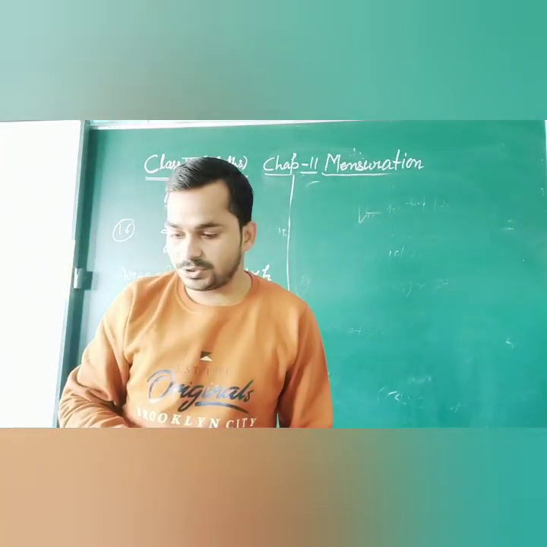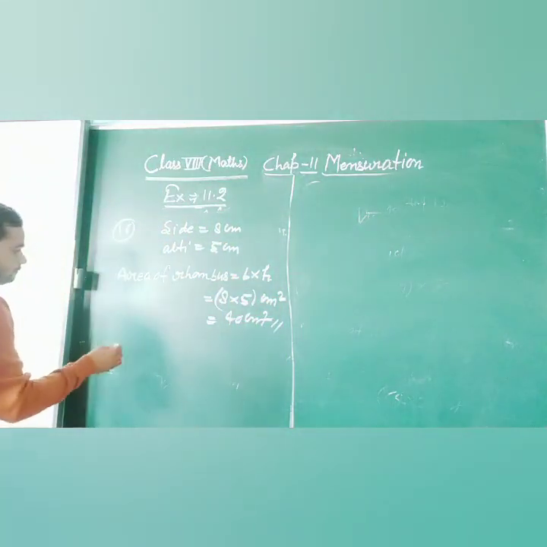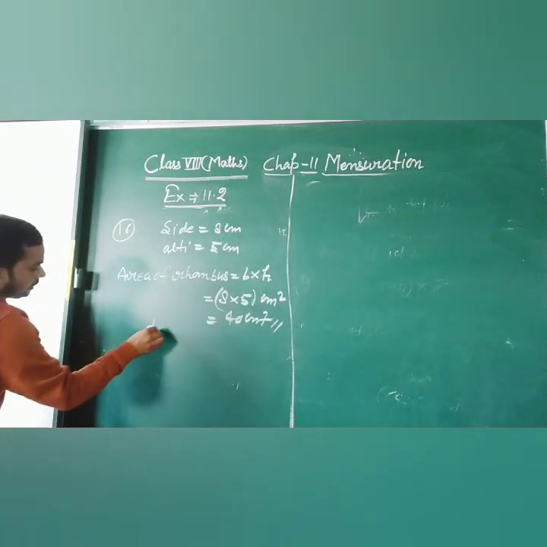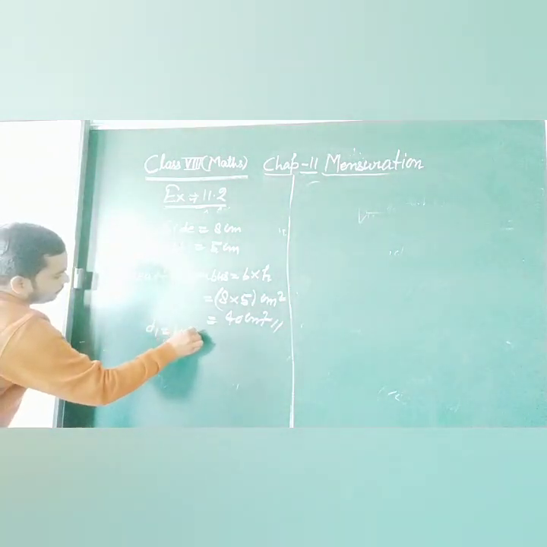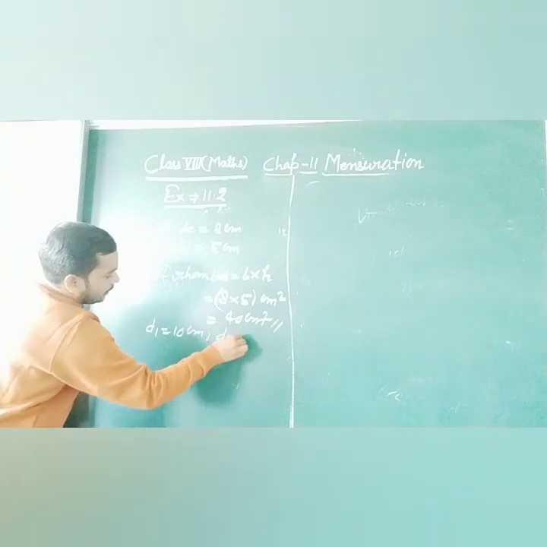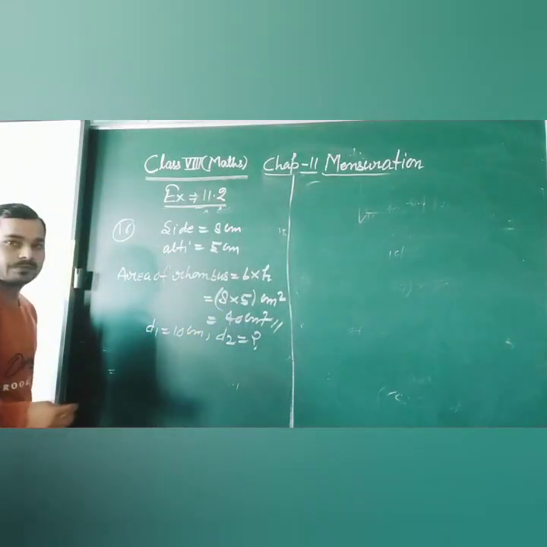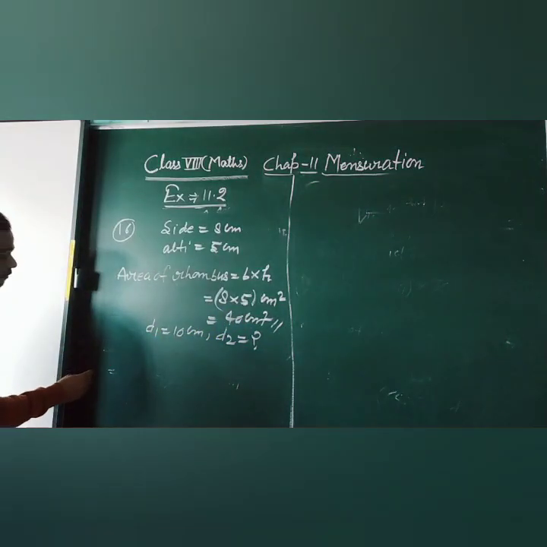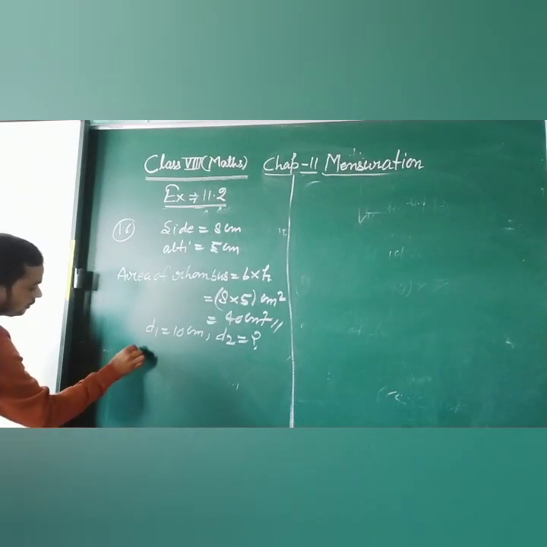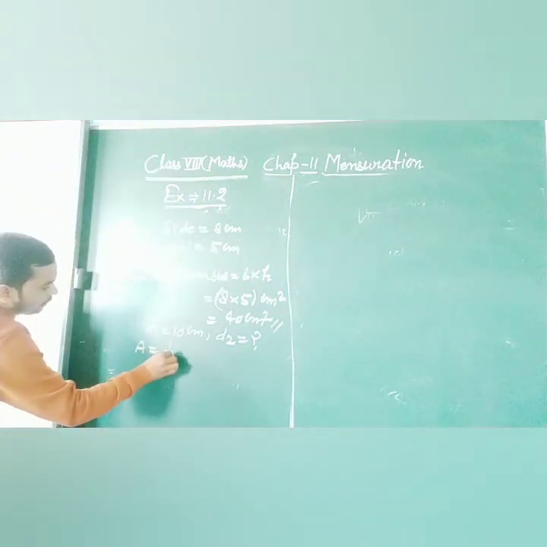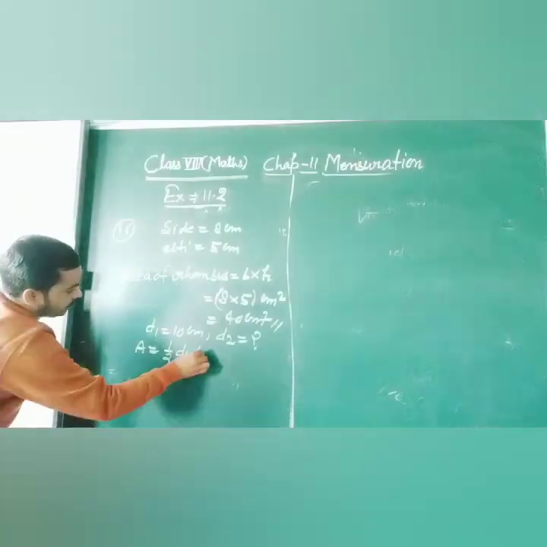Then one diagonal is given as 10 centimeter. That is D1 is given 10 centimeter. You have to find out D2, the other diagonal. So apply the formula, area of rhombus is 1 by 2 D1 into D2.